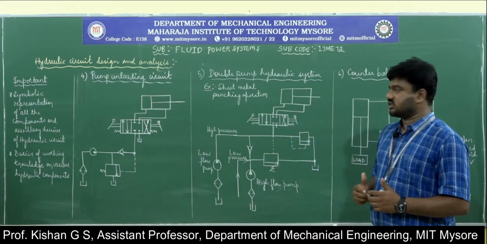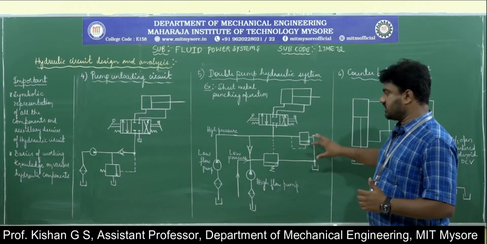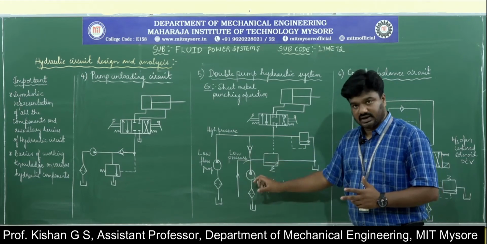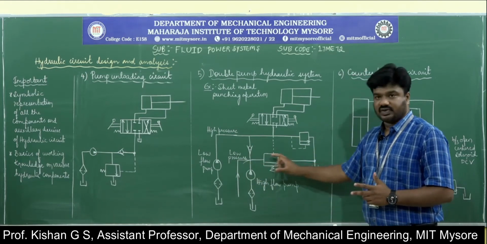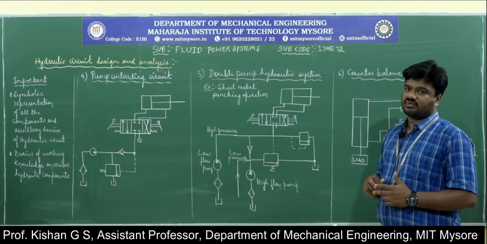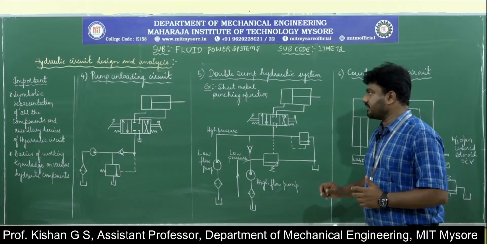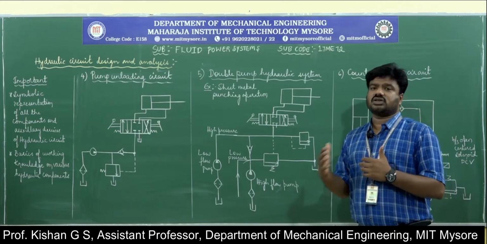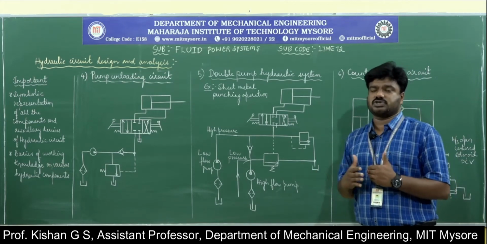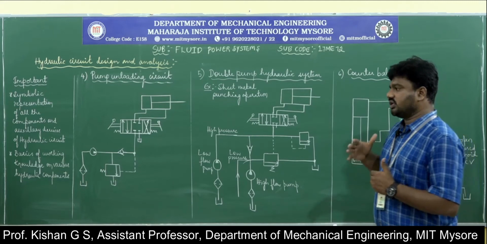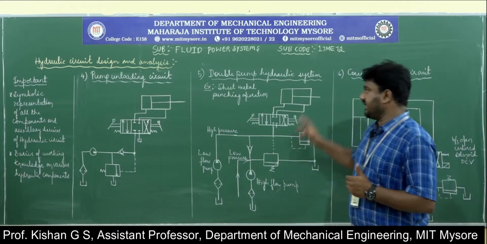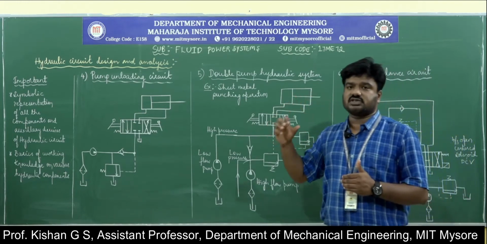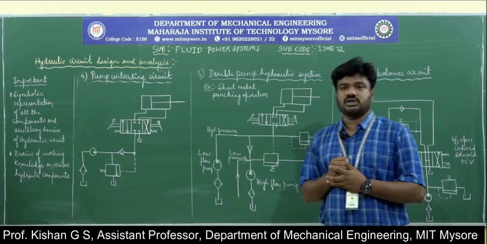In this study we are supposed to concentrate on two additions: one is the check valve with the two pumps in line, and the other is the unloading valve along with the simple pressure relief valve. During the punching operation, at the end of the piston rod there is a mechanism attached that performs the punching on the sheet metal.